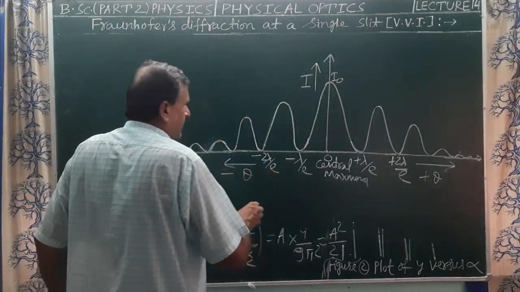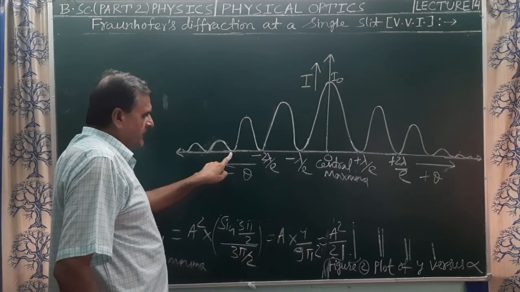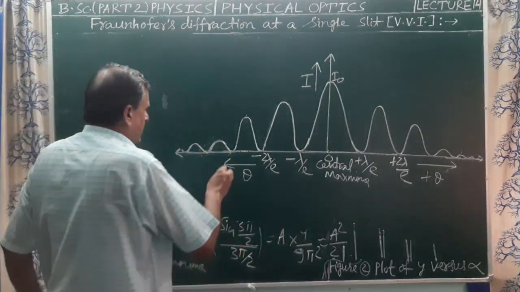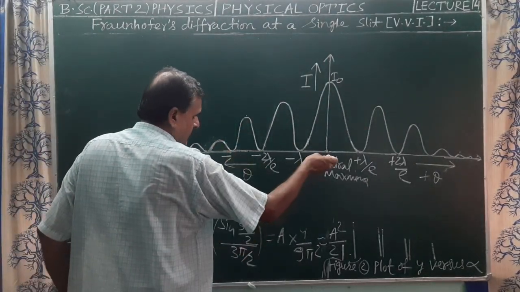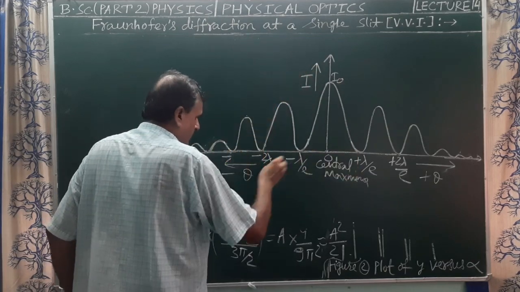And similarly we again obtain the position of third subsidiary minima whose position is left to the center of the screen or below the center of the screen or below the central maximum.